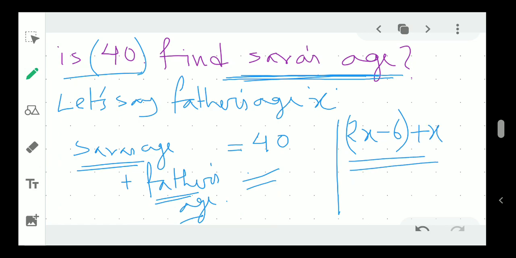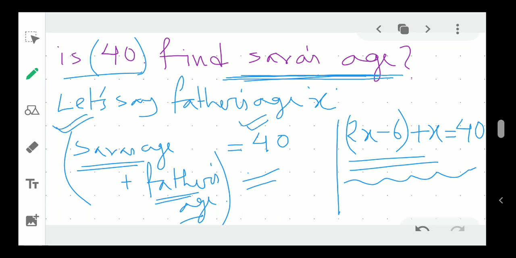So this is the expression for Sarah's age plus father's age. Now you can directly put this here, and you will get this. So this is called one equation. The first term is your expression, and the whole part is your equation. So equation is a combination of this expression and the reference value.